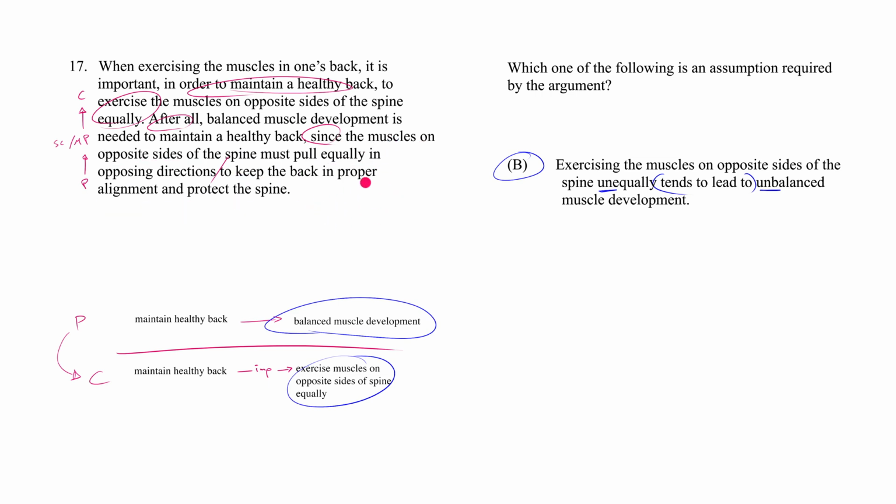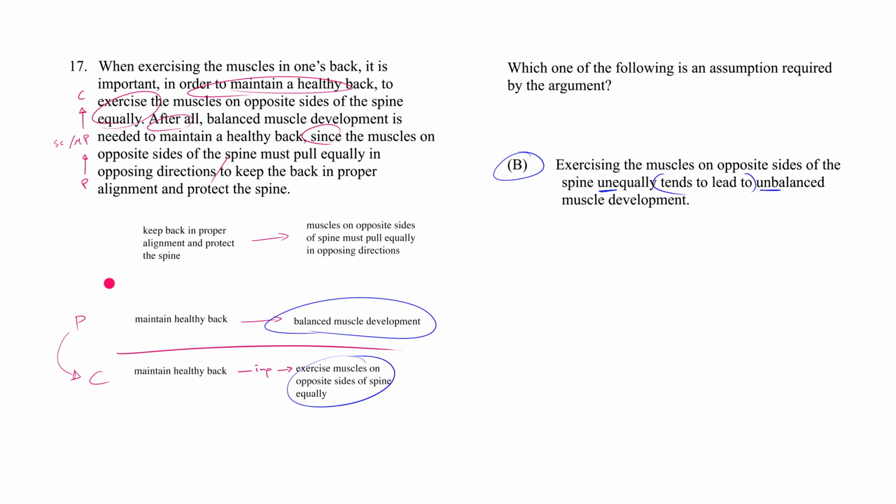These two ideas have a sufficiency-necessity relationship. Here we have idea 1, idea 2, just kind of verbatim from the stimulus. They have a sufficiency-necessity relationship as indicated by the word must. You want to keep your back in proper alignment and protect the spine? Well, you must do this.